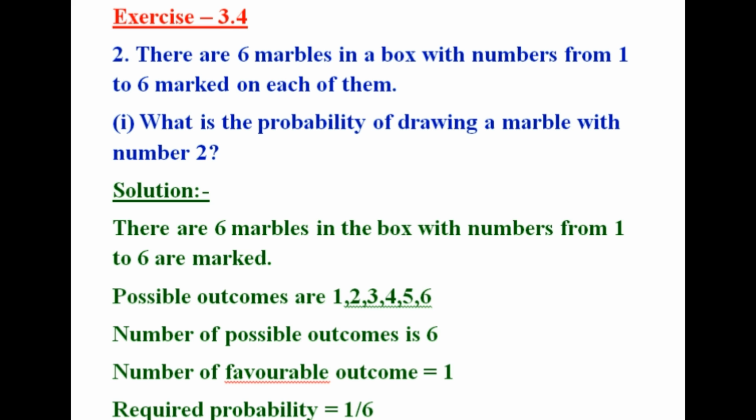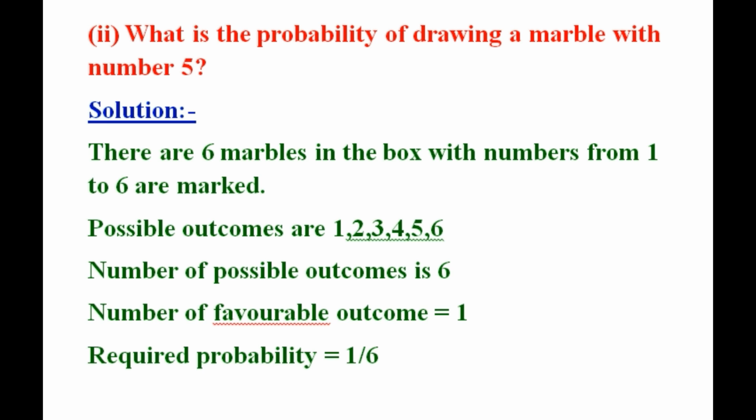The number of possible outcomes is 6. The number of favorable outcomes is 1, for getting 2. Therefore the required probability is 1 by 6, that is, number of favorable outcomes divided by number of possible outcomes.